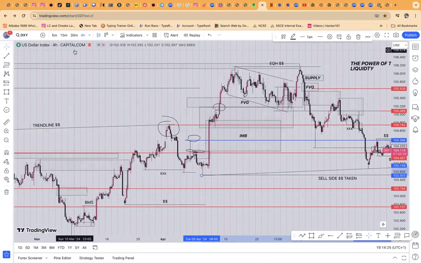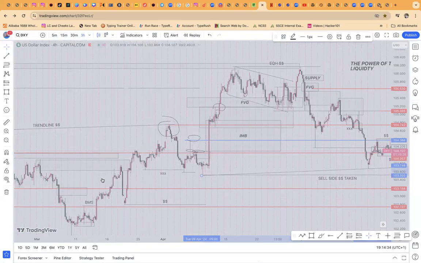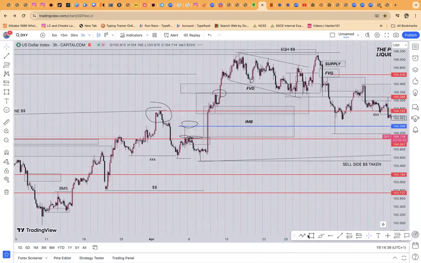Now, going down to the lower time frame. This is the 3 hours time frame, and we have this nice guy here.